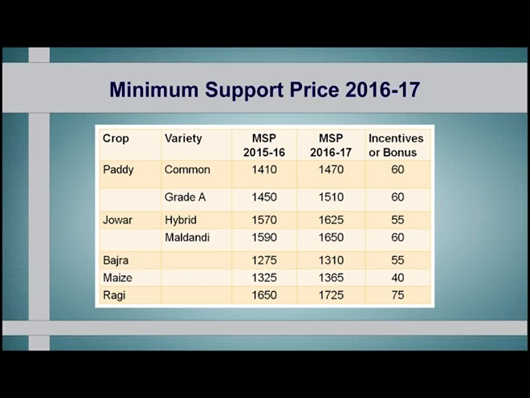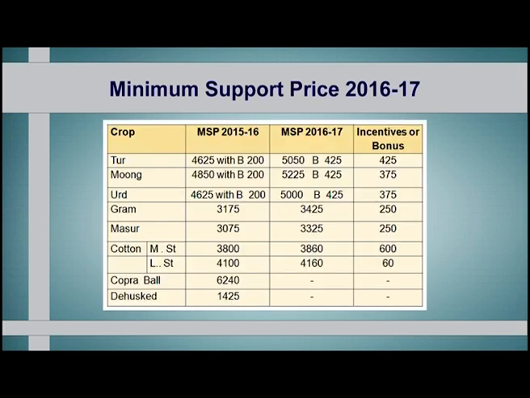Similarly, tur and moong dal are given a lot of emphasis, and in fact now the government has raised the price of tur to 5050. For moong it has increased to 5225, and for urad it is 5000.